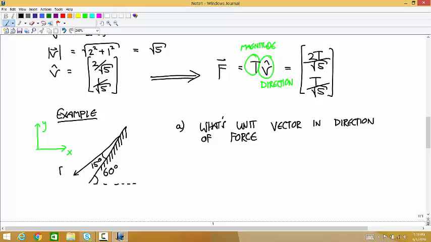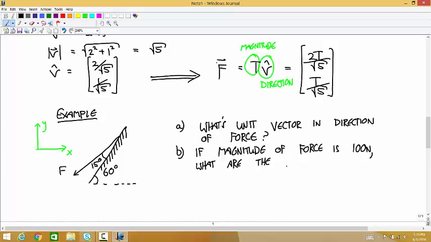So this is the force, call it F. And then second, if the magnitude of the force is 100 newtons, what are the force components?